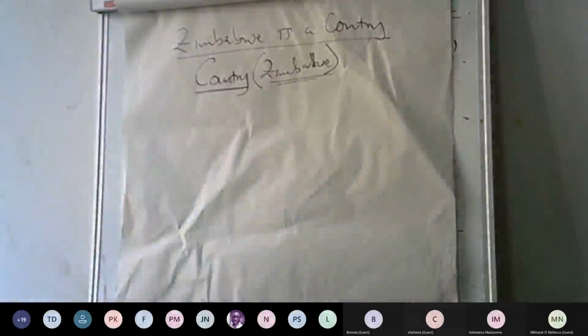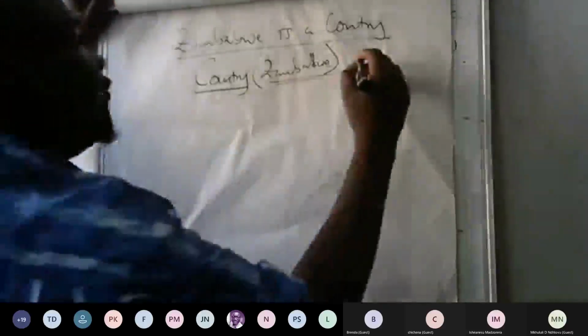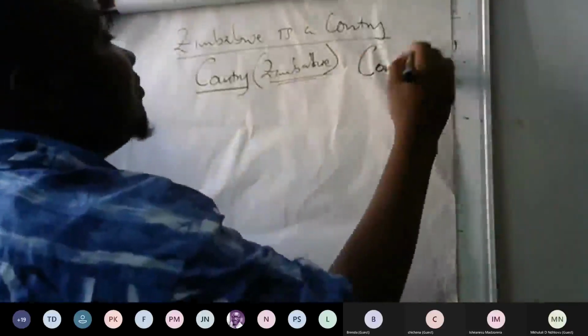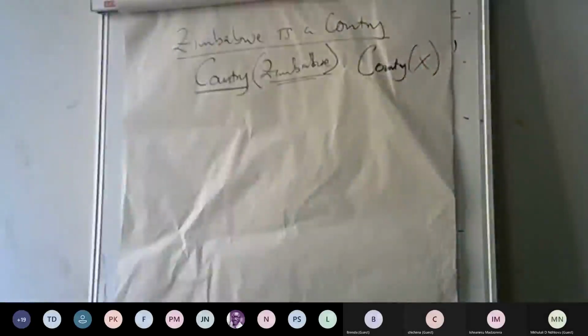But it can apply to any other country, like South Africa, Zambia, Botswana, Malawi. So ordinarily, we have Country(x), where x is a specific example. In this case, we are taking Zimbabwe.